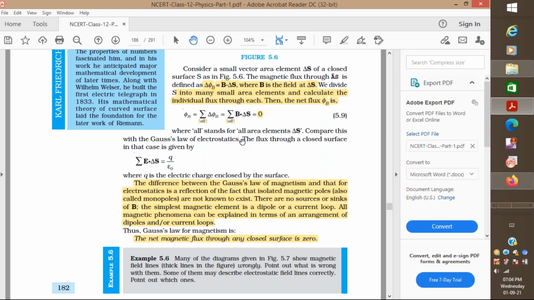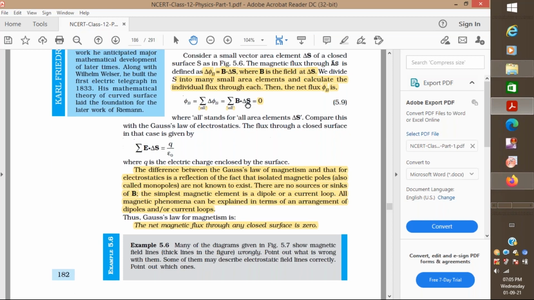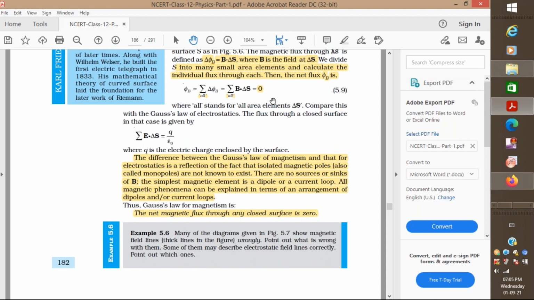In case of magnetism, there is no monopole. That's why the charge enclosed on the right hand side will always be zero. So B dot dS, this is the total flux summed over all. The total flux will always be zero for a magnetic field.